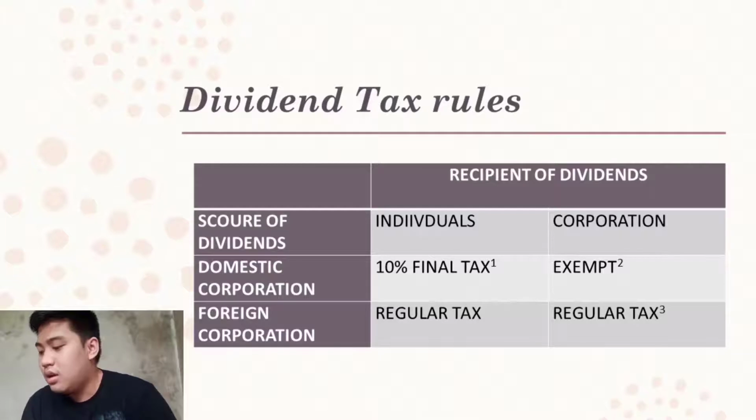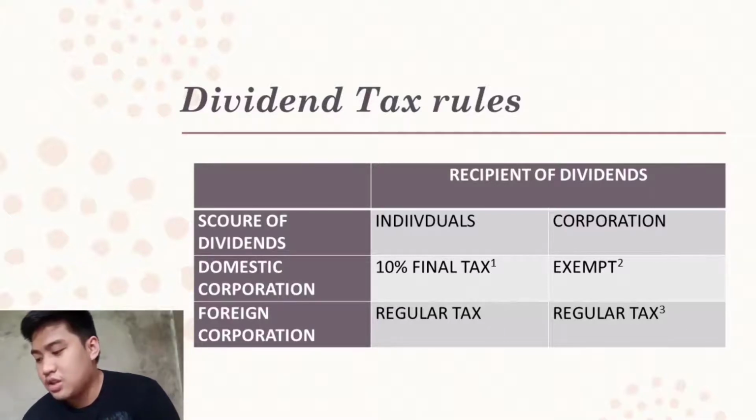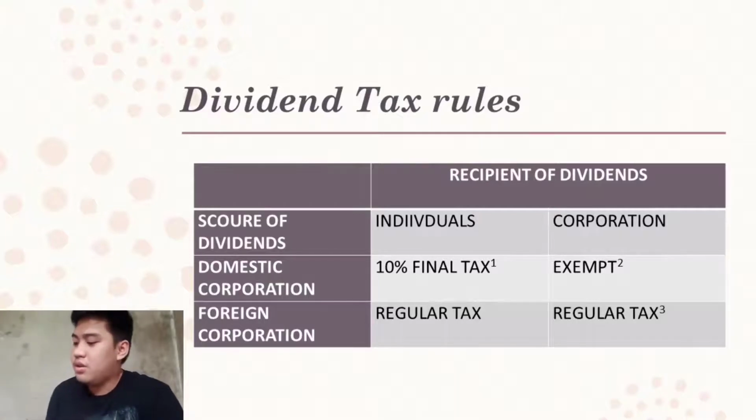But a non-resident alien not engaged in trade or business is subject to 25% tax. A non-resident foreign corporation is not exempt but is subject to a 25% general final tax rate. However, the imposable dividend tax shall be 15% when the tax sparing rule applies. Tax sparing rules will be discussed later.